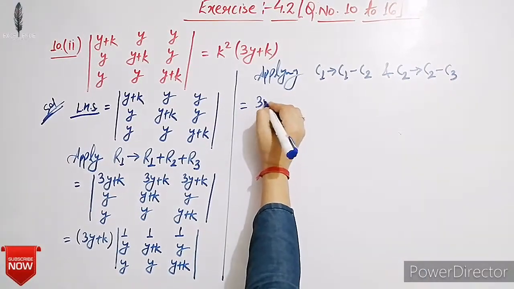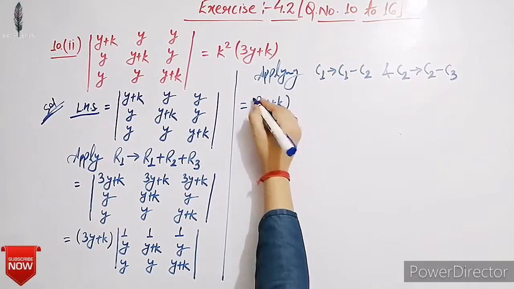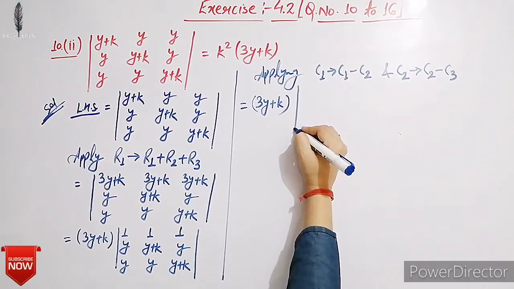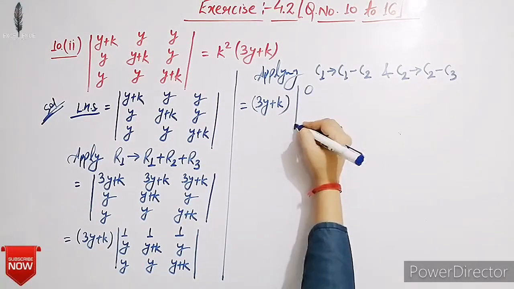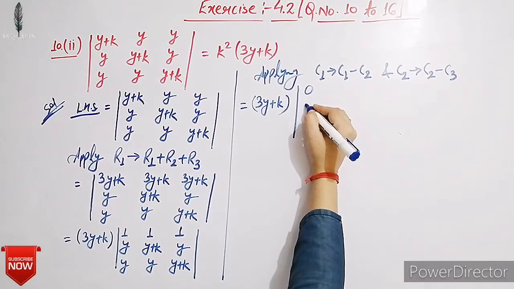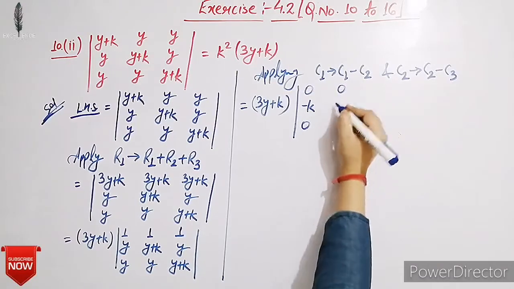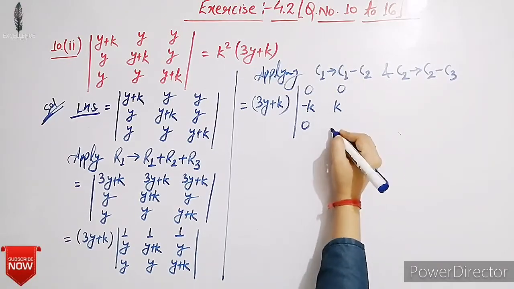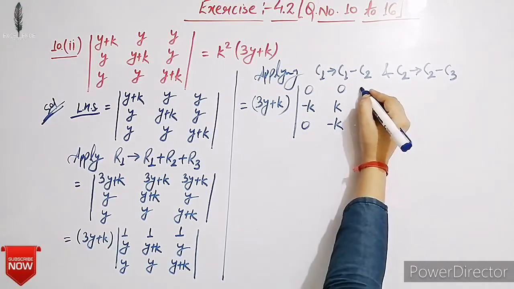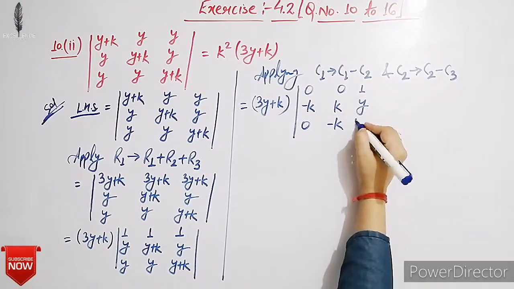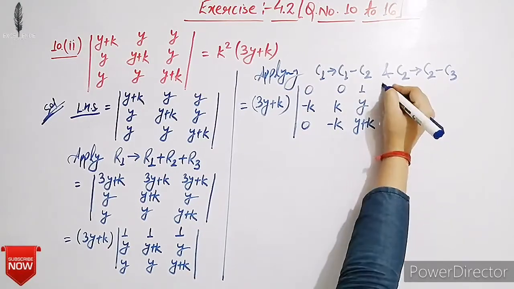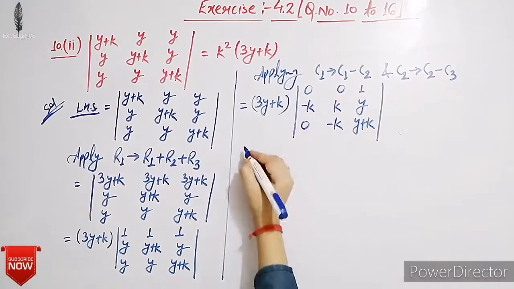So it is equals to 3y plus k and C1 becomes, according to C1 minus C2, it is 0, here minus k, here also 0. Now C2 minus C3, that is 0, k, minus k and C3 is same, that is 1, 1, y plus k. Now in R1 two entries are 0.